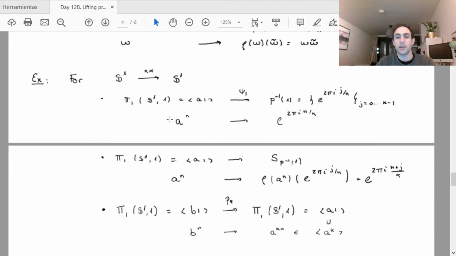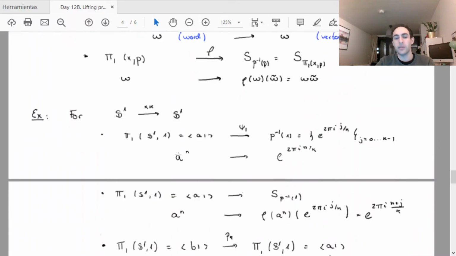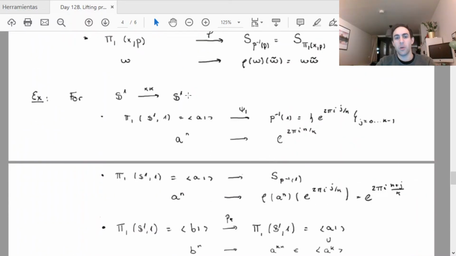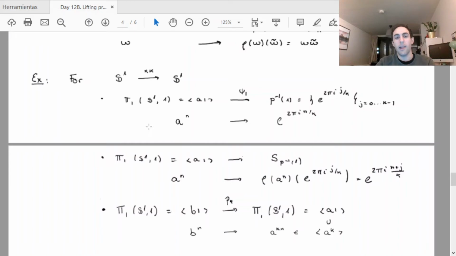Let's do a slightly different one. Let's go back to S1 and take the covering of S1 by itself with k sheets. This is the map that takes a complex number z and sends it to z to the k. All right, so this is a covering space.